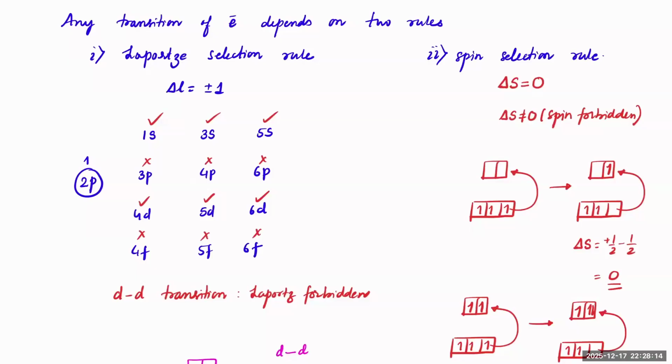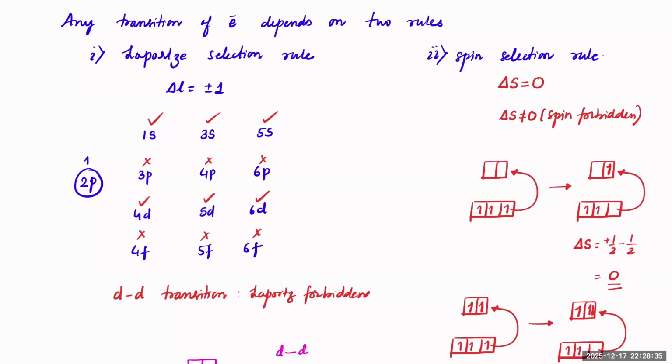This is a very generic theory. Whenever you are seeing any colors or if there are any electrons being transferred from inner to outer shells, they always have to follow two rules. First one is called Laporte selection rule. Second one is spin selection rule.